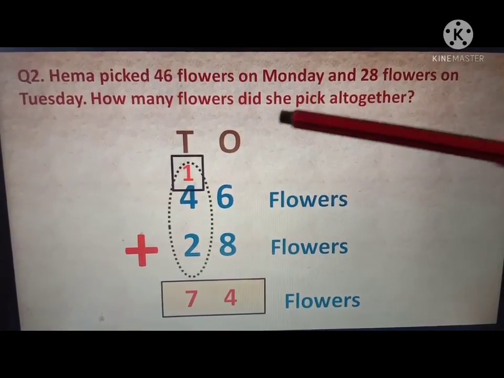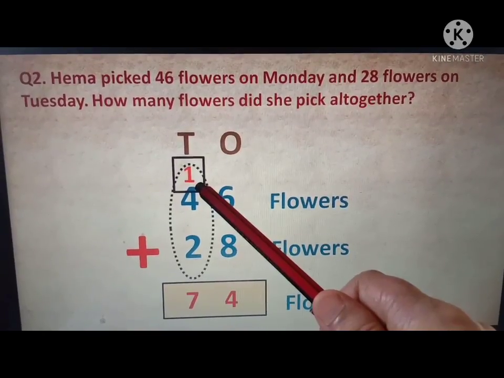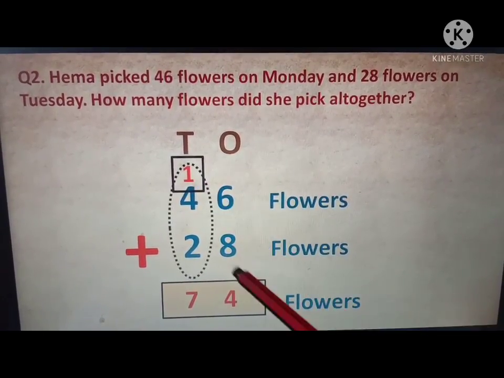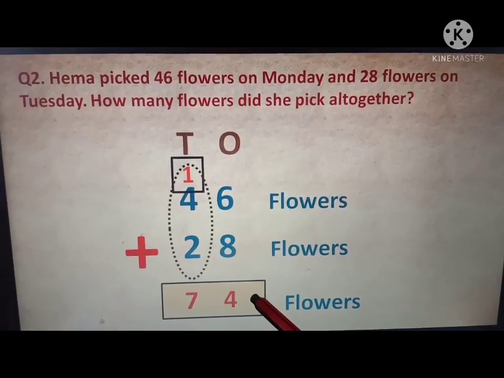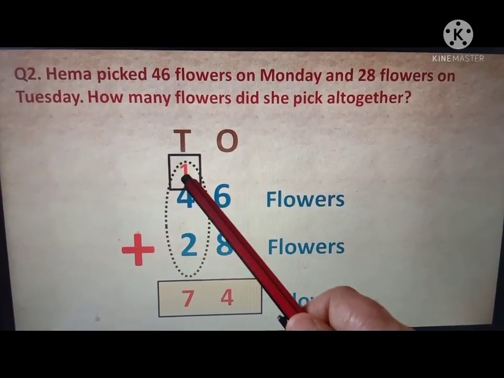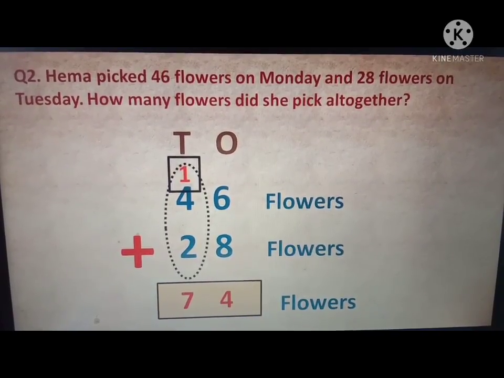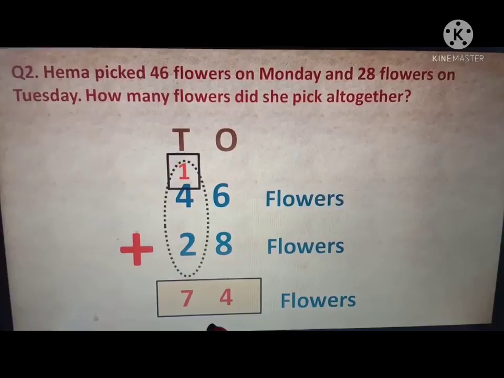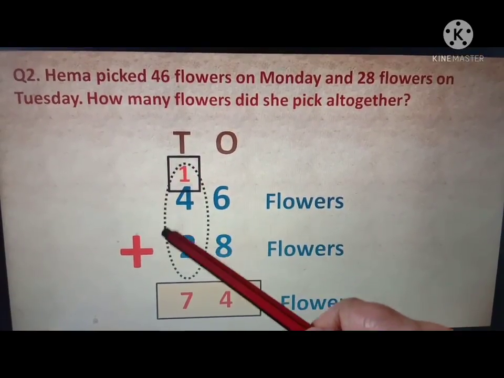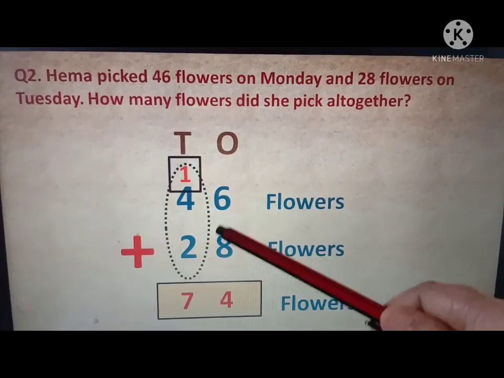So after this, you can see here I have written 1 and 4 here. So children, you can also follow these steps. Write down 1 here and 4 at ones place. Then what is the next step? Next step is we have to add all the digits that are given at tens place.